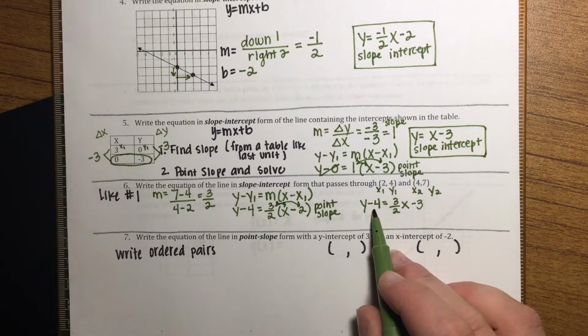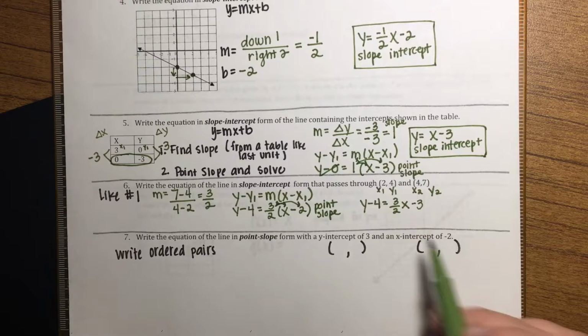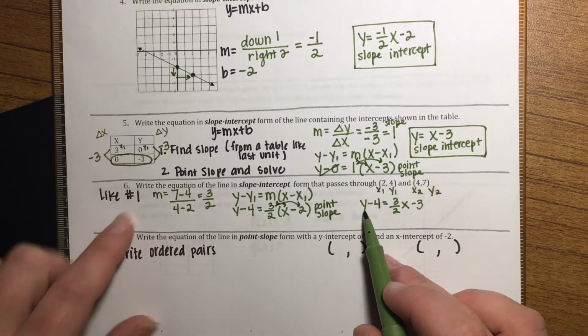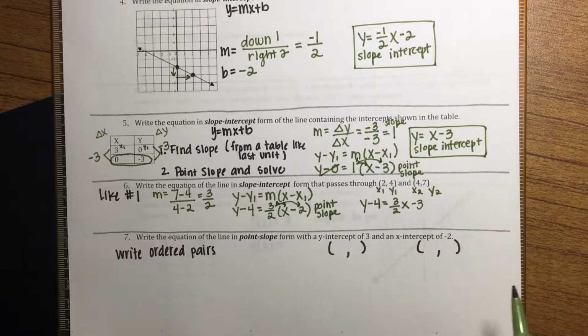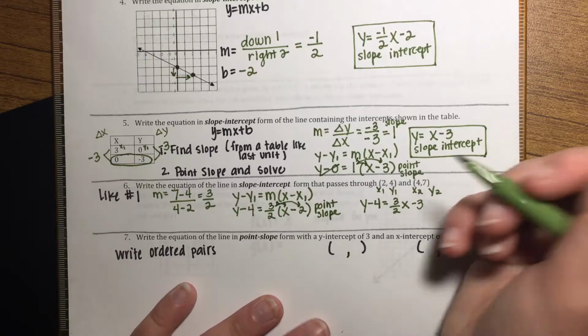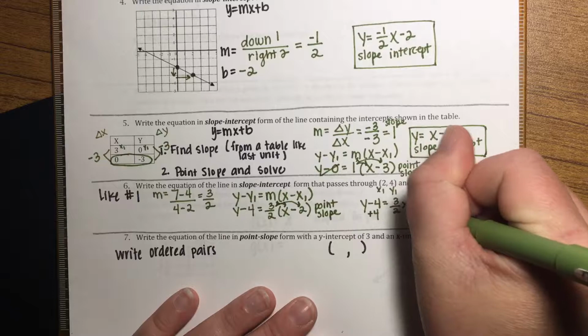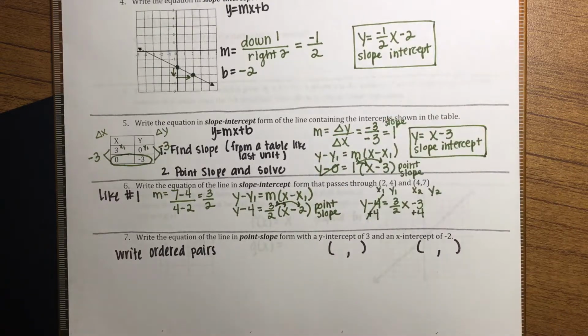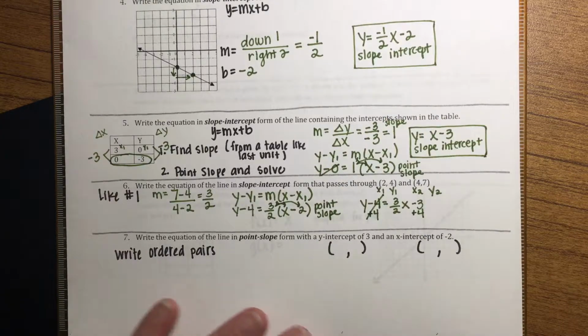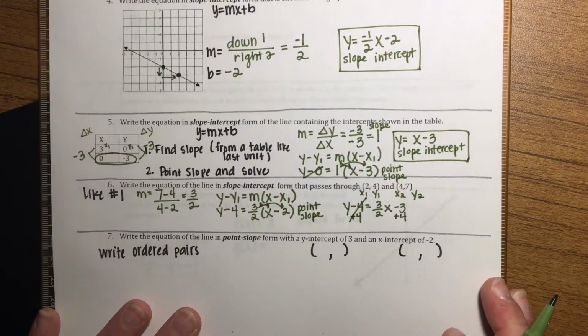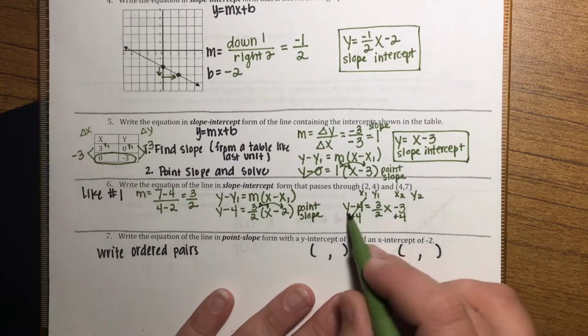So now all I have left to do is move away this minus 4 because for slope-intercept form, I've got to get y equals all by itself. So I have plus 4 and plus 4. It cancels right here. I'm running out of room just a little bit. So now I rewrite this.